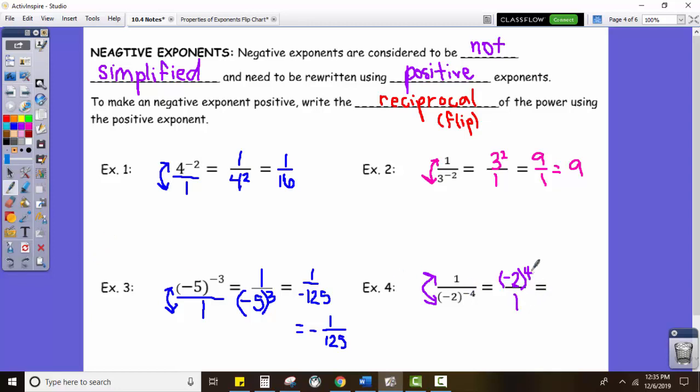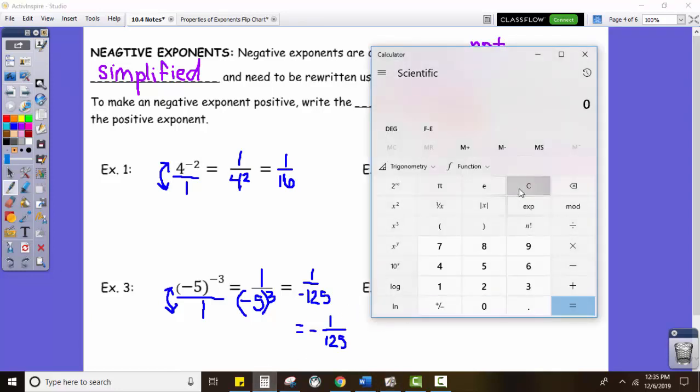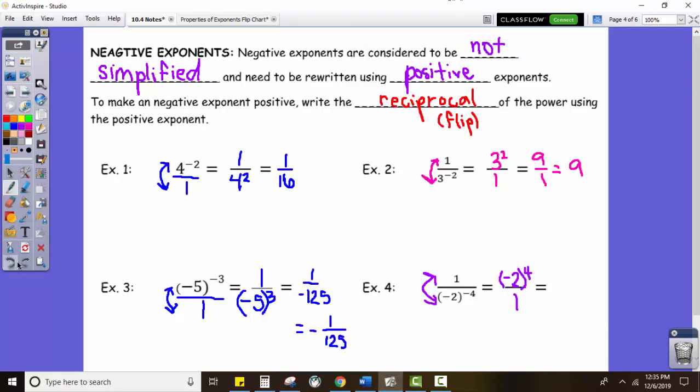Okay, and now I'm going to evaluate this. I need to figure out what is negative 2 to the fourth power. So I'll start with negative 2 times negative 2 times negative 2 times negative 2, which is positive 16. And then divided by 1, that's my denominator, 16 divided by 1 is 16.